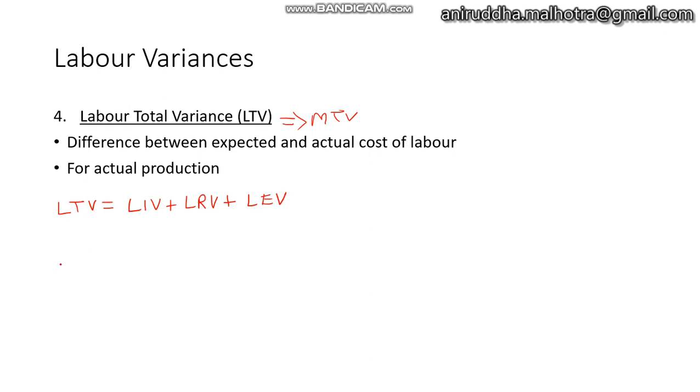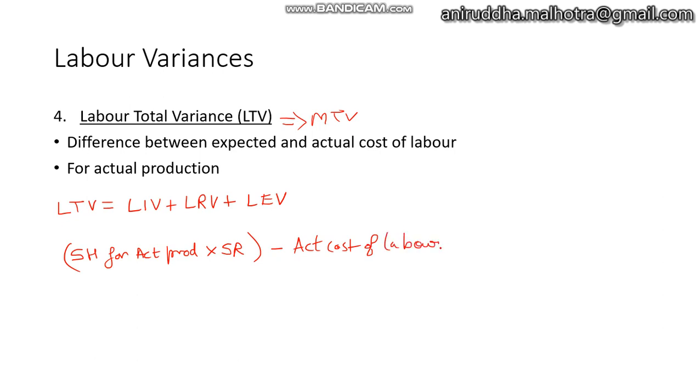If you want to write it down as a formula, we can simply say it is the standard hours for actual production into standard hourly rate minus your actual cost of labor.